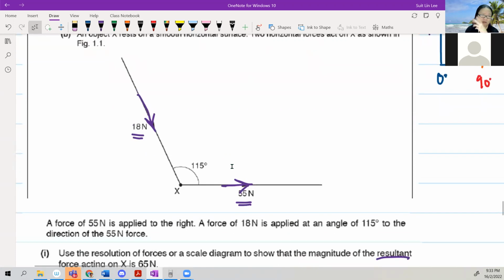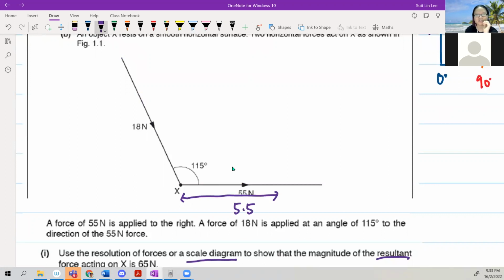Okay, so there are a few ways to do it. You know, you could do what I did just now, which is build a parallelogram. So this is your scale diagram method. You can use your ruler and your compass or your projector and build a parallelogram. But before you build a parallelogram, you actually have to measure out the distance.